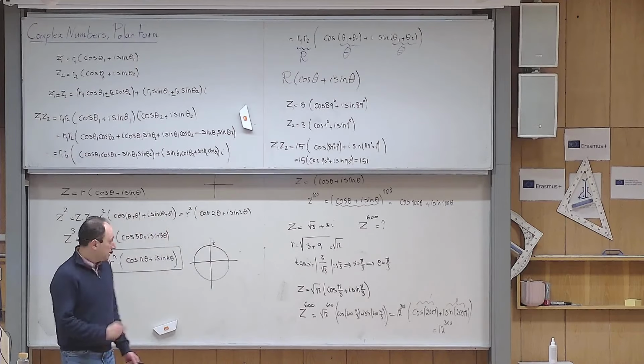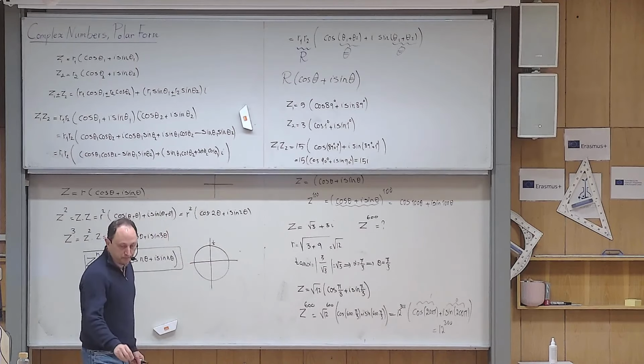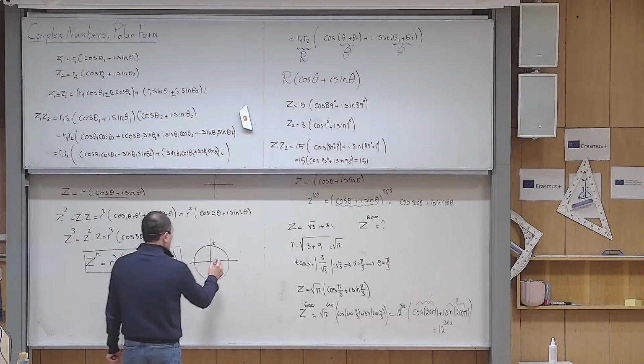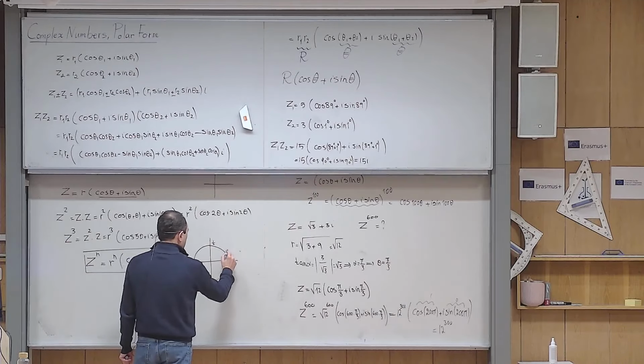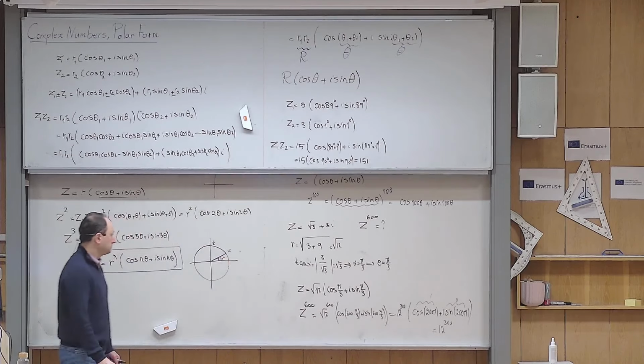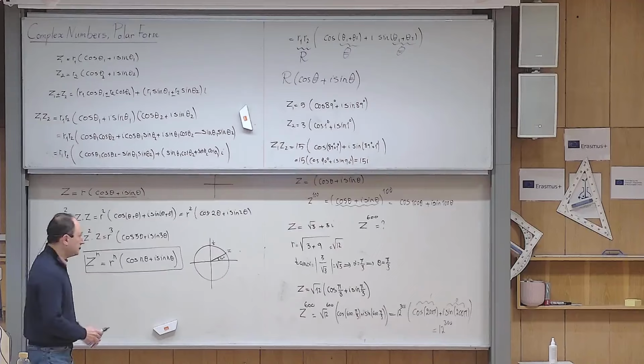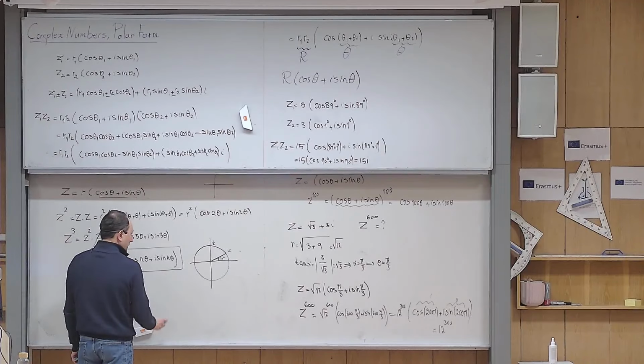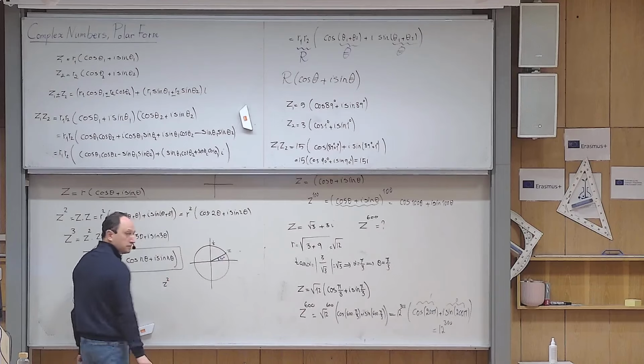Okay. And the center is the origin. And I just pick a point here, Z, and let us say that this angle I give you to be 30. Yes? Can you tell me where Z squared is?